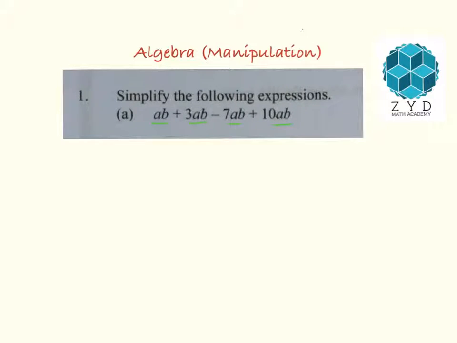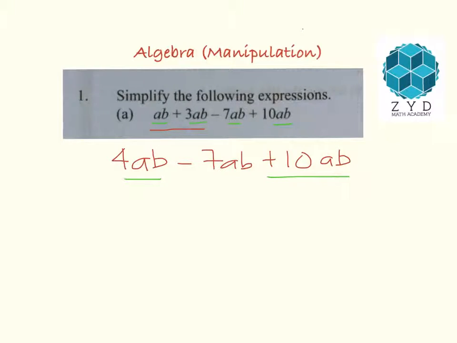So what we have here is taking the first two expressions. When we add them, we have 4AB minus 7AB plus 10AB. So from here, I want to add this 4AB and 10AB first.